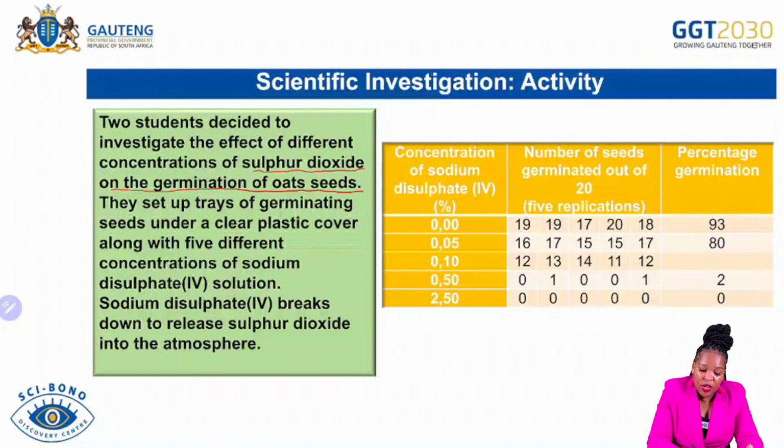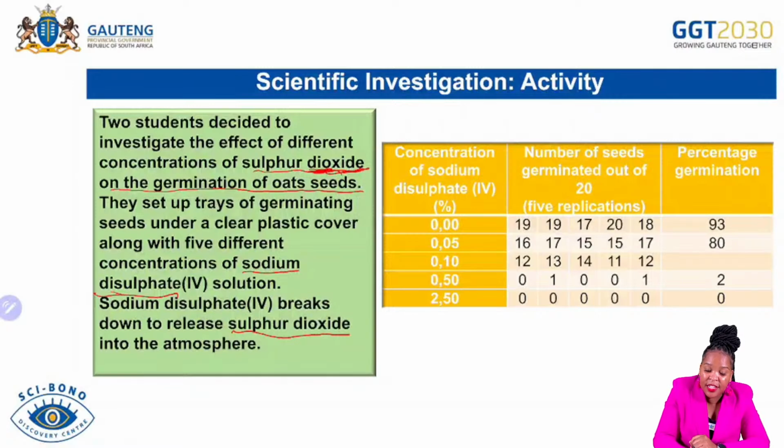Now, please check, they are not using the sulfur dioxide. They are using the sodium disulfate. Why? They say the sodium disulfate breaks down to release sulfur dioxide. So sulfur dioxide is not released directly, but the sodium disulfate is the one that is going to break down and release the sulfur dioxide into the atmosphere.